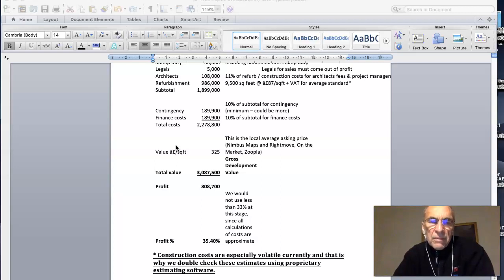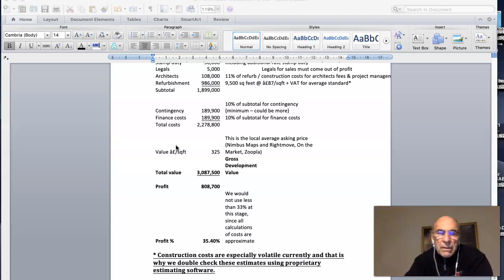So we look on Nimbus Maps and cross-check it on Rightmove, OnTheMarket, and Zoopla, and we establish a value per square foot, £325 in this case.